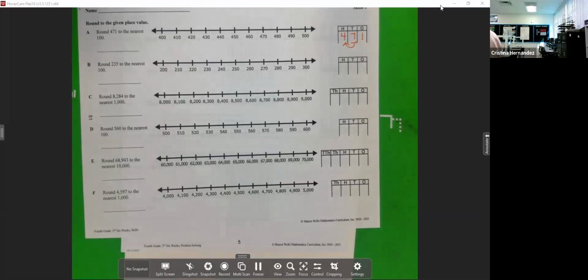And there's also the roller coaster, where if it's 1 to 4, it goes down. If it's 5 or more, it goes up, type of thing.